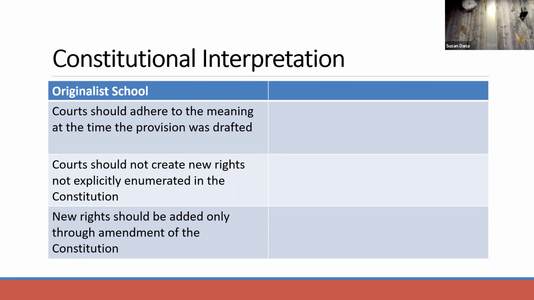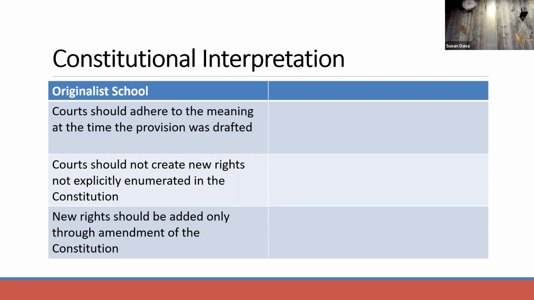The reason for this approach is that the originalists say it's not the job of courts to make up new rights in the Constitution. The Constitution is what guides our courts in what rights are so fundamental that they're protected by the Constitution and which are not in the Constitution. And the Constitution belongs to the people.